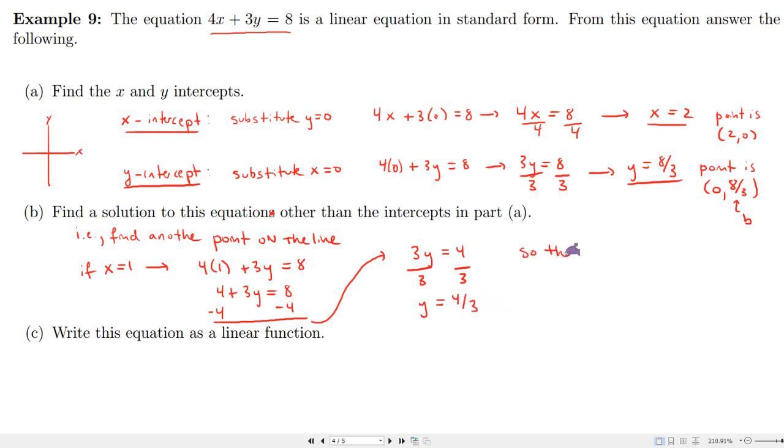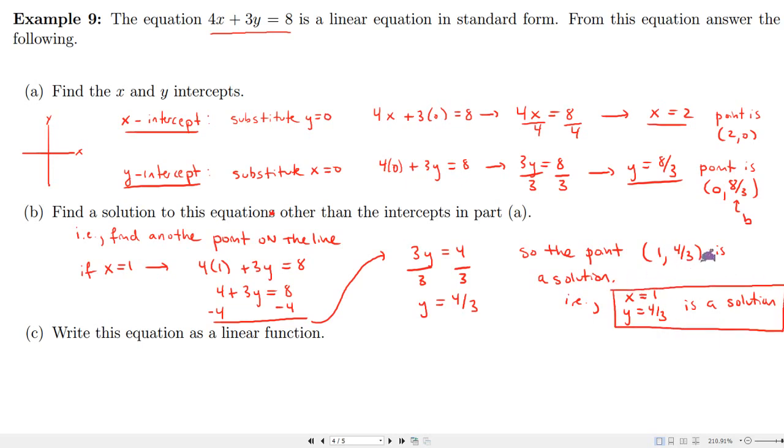So the point 1, 4/3 is a solution, right? i.e. the pair x equals 1, y equals 4/3 is a solution. Okay? So that point is also on the line.